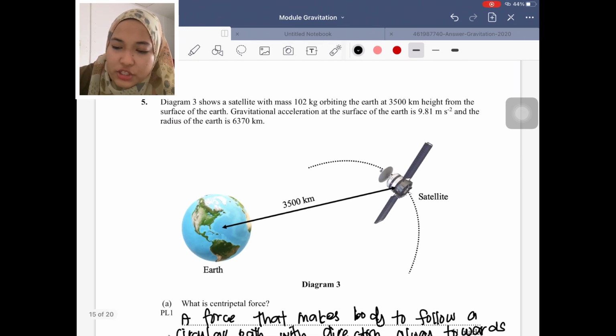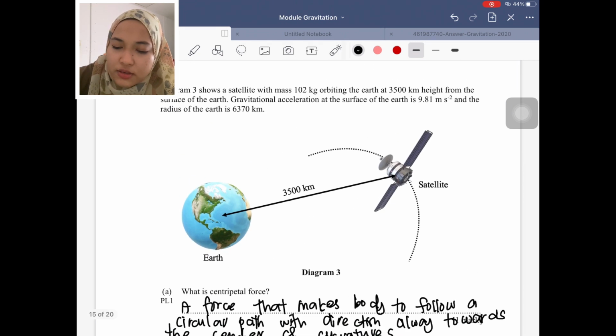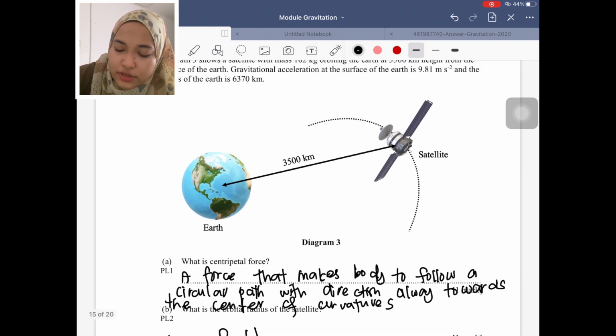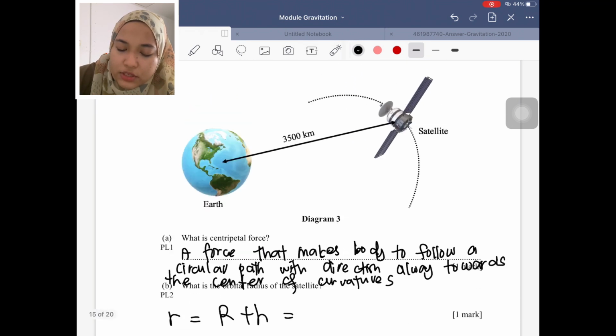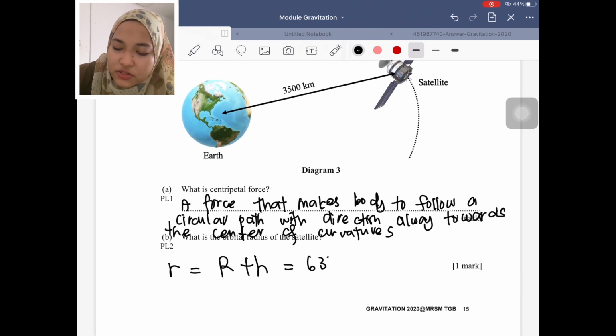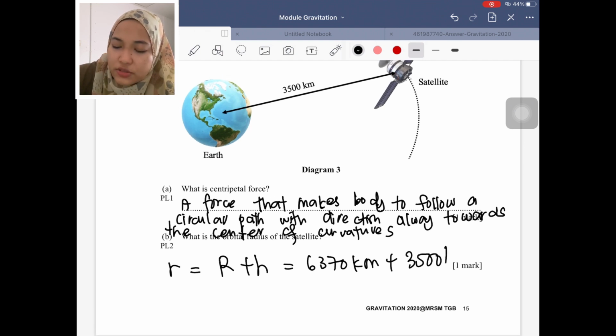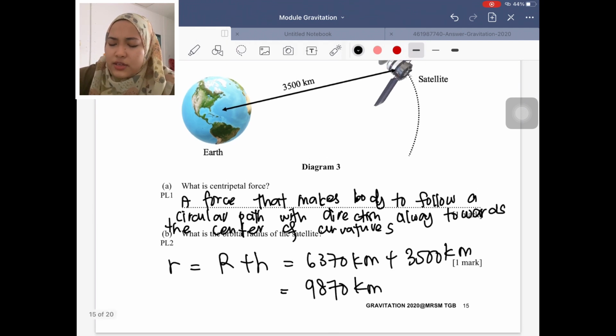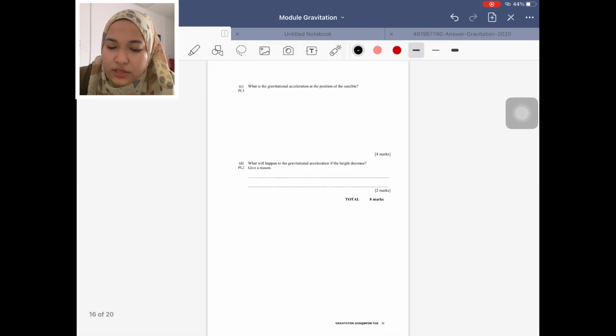So the radius of the earth is 6370 kilometer plus the height is 3500 kilometer. So easy. So you will get 9870 kilometer. Okay. So 1 mark only.